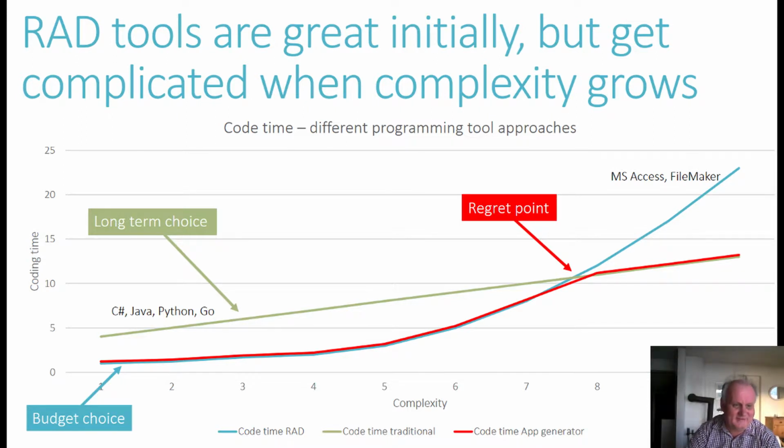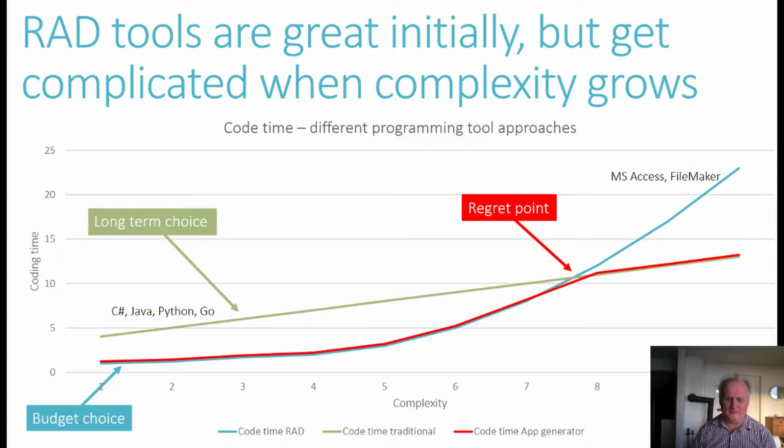And at some complexity level, you will see that the RAT tools suddenly demand more programming time than a traditional programming language does. That's because an Access or a FileMaker can only handle so much.